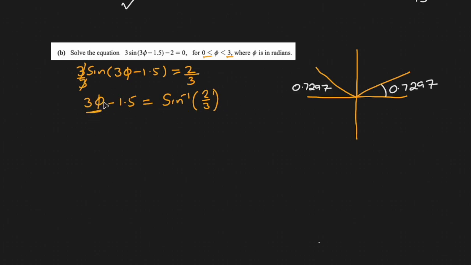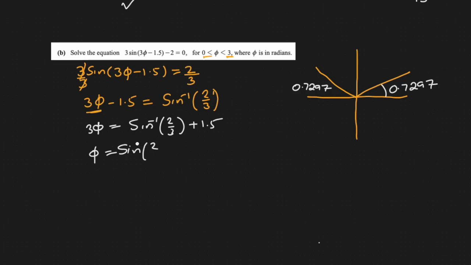So we will find phi, we'll isolate phi first and then we'll apply this one. Okay, so let's say 3 phi equal to sine inverse whatever we'll get from here plus 1.5, right? This minus 1.5 goes to there, becomes plus, so it will increase it further. But this 3 will divide it by 3 and make it smaller. So no need to worry.